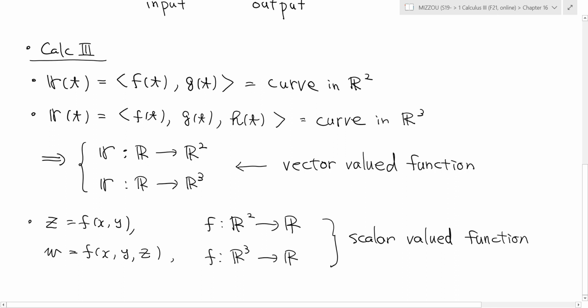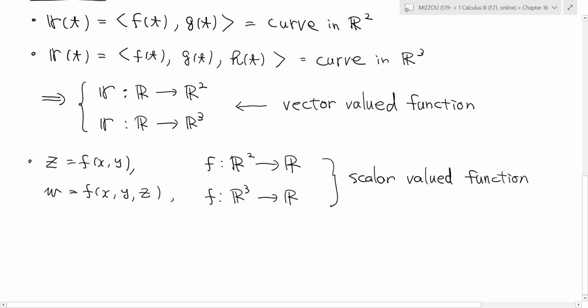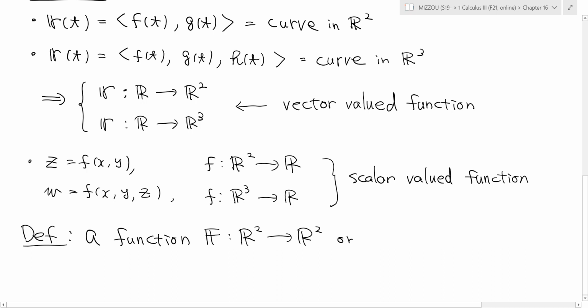Okay, now we can generalize this as follows. Here's a definition. A function, namely an input-output system, where the input space is R2 and the output is also R2, so from R2 to R2, or where the input is R3 and the output is also R3, such a function is called a vector field.